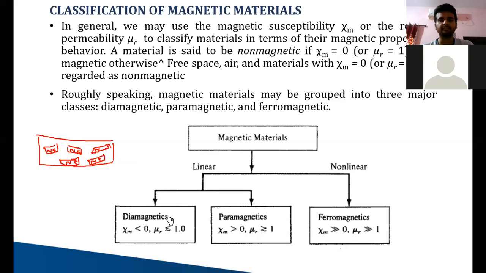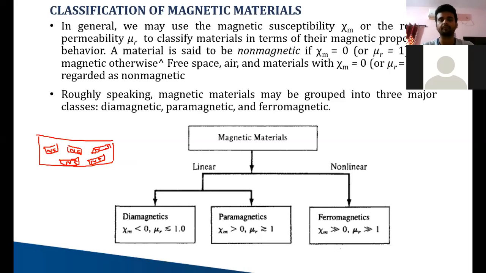Now some examples of diamagnetic materials are copper, lead, bismuth. In fact, superconductors come under the category of perfect diamagnetic materials. Superconductors at absolute zero temperature come under the category of perfect diamagnetic material, because in superconductors there cannot be any magnetic field.